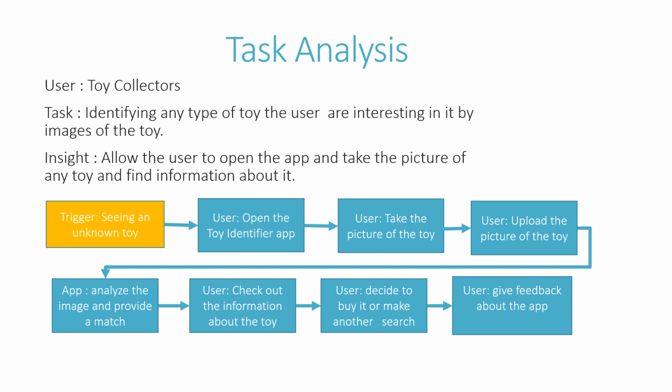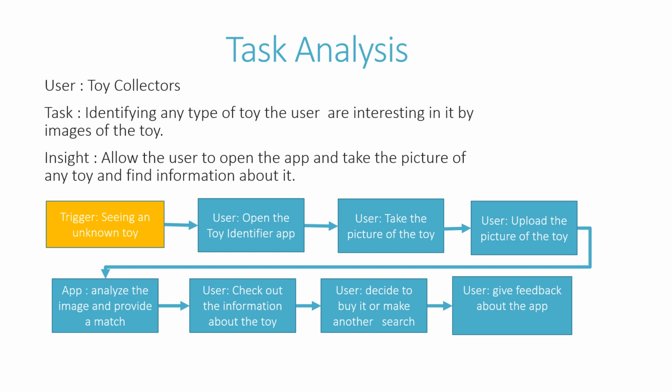So, for example, if I found some rare GI Joe, I would like to have the opportunity to take a picture of it and have information that allows me to make a better decision prior to buying it.